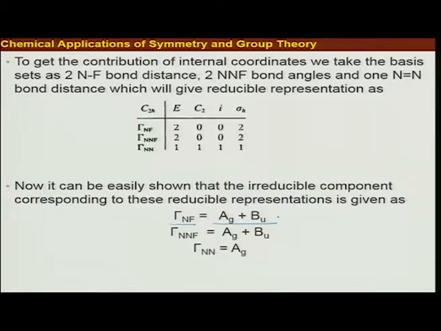Now whichever way that was given by these symmetries like AG or BU symmetries. So knowing the property of this AG and BU, we could very easily tell that one of this motion of NF bond in one normal mode is purely symmetric in nature, so it is symmetric stretching.